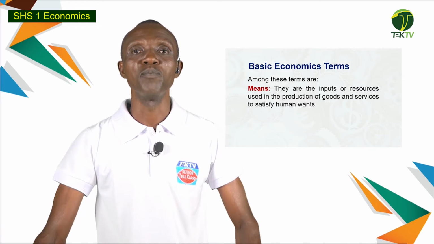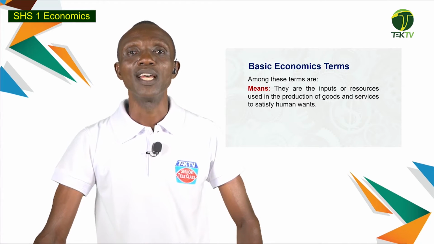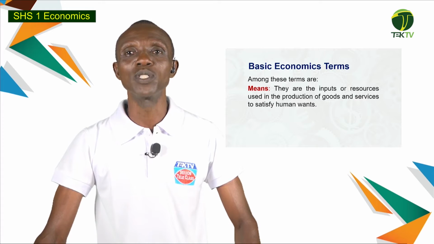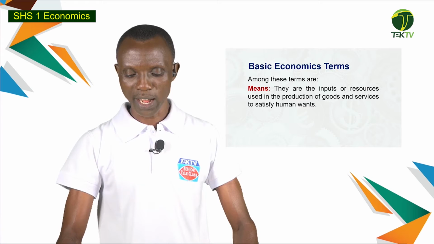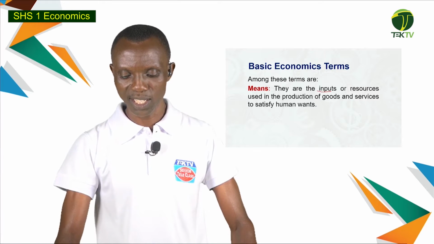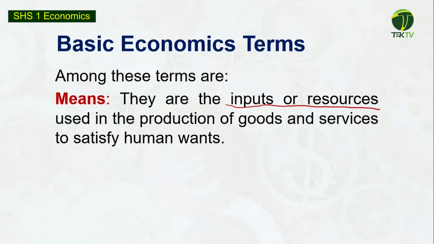Now, when we talk about means, they are the inputs or resources used in the production of goods and services to satisfy human wants. So we want to emphasize the inputs or resources that are used in the production of goods and services to satisfy human wants.